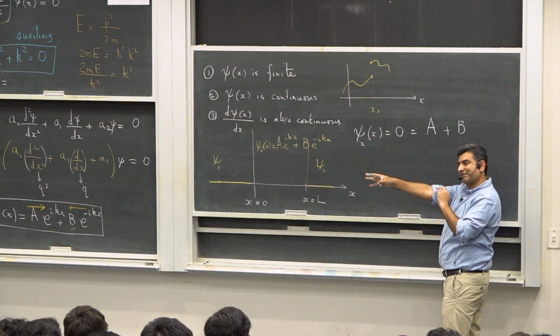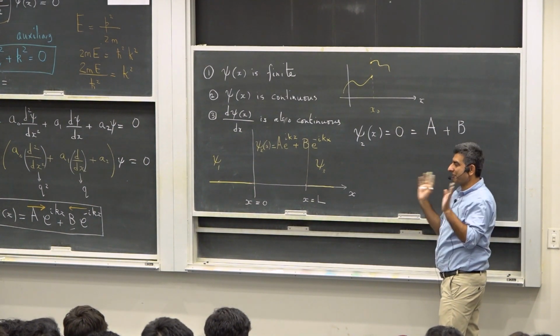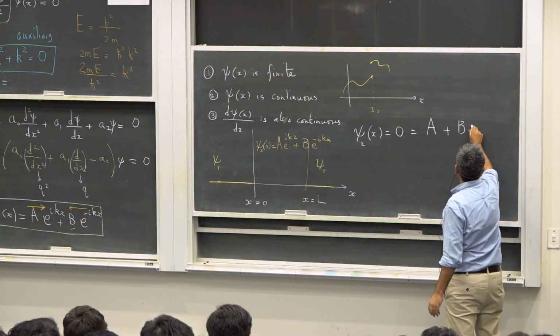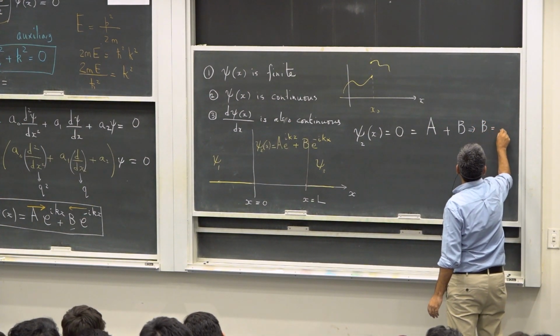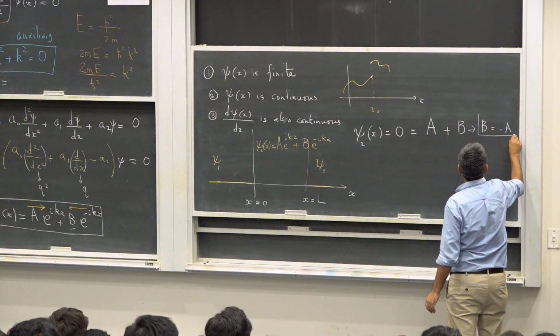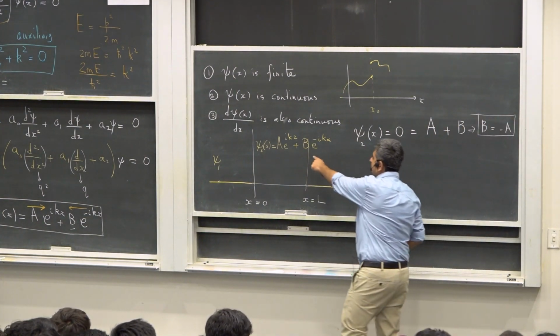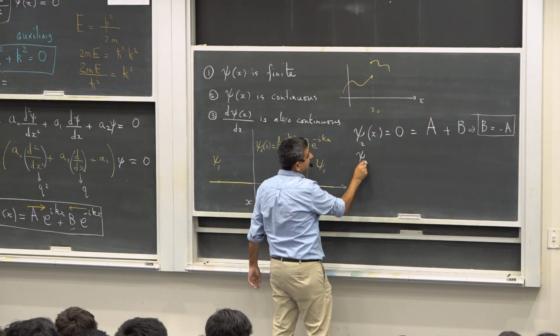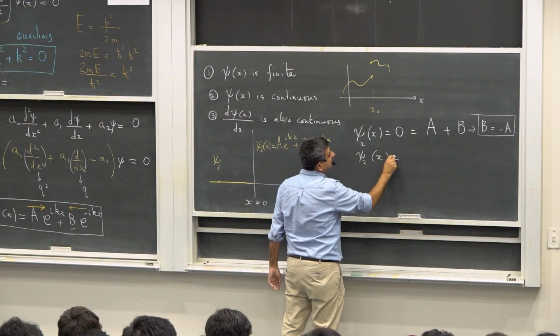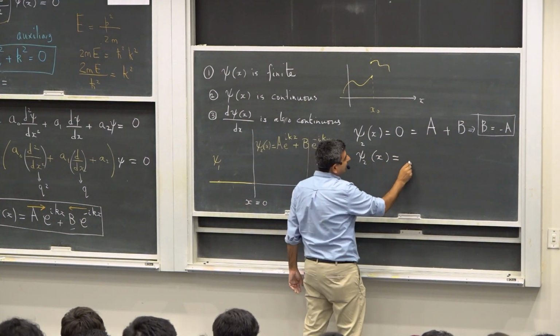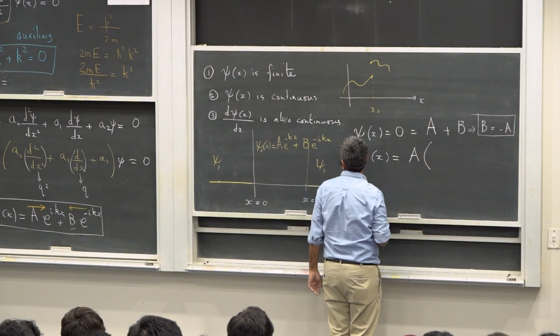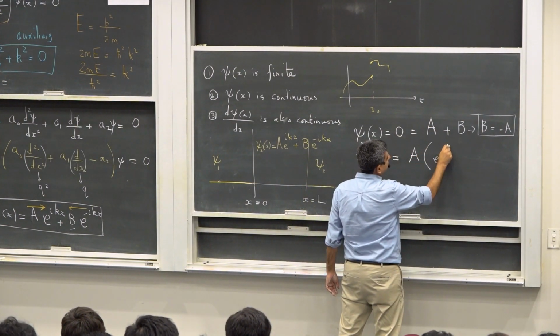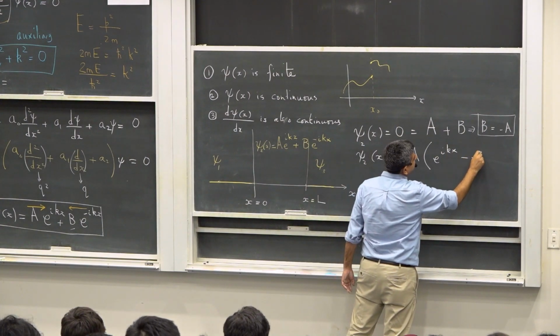So here the wave function is psi 1, here it's psi 2, here psi 3. Here psi 2 is A e^(ikx) plus B e^(-ikx).